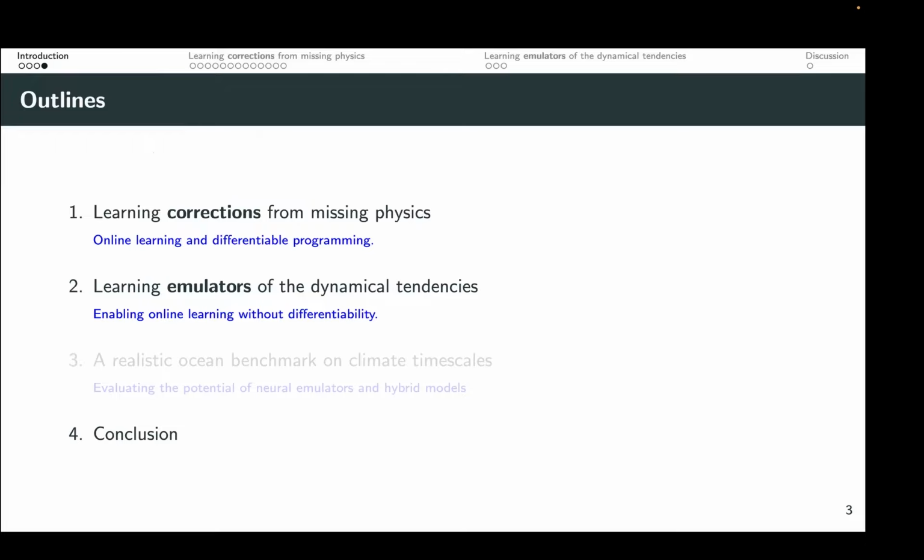If I have time, I want to talk about two things. One, how to learn the correction using an online approach, with some specific results that will be interesting. And then how we could use emulators to avoid the need for a differentiable solver.